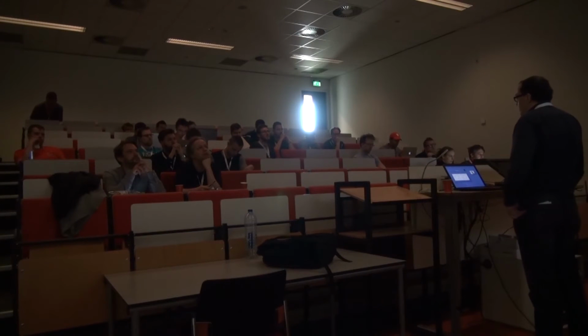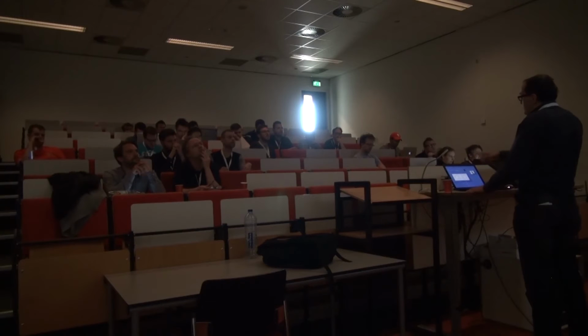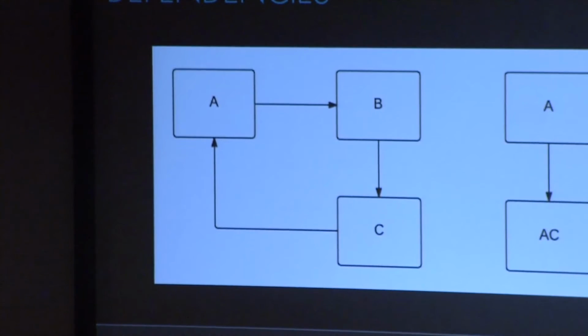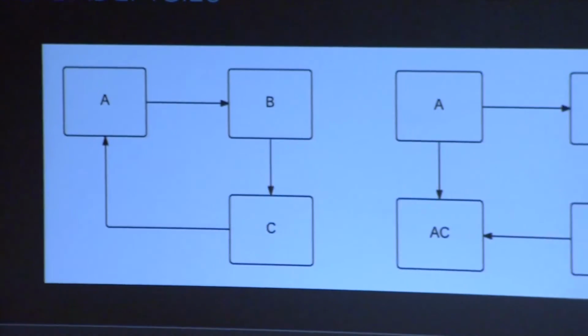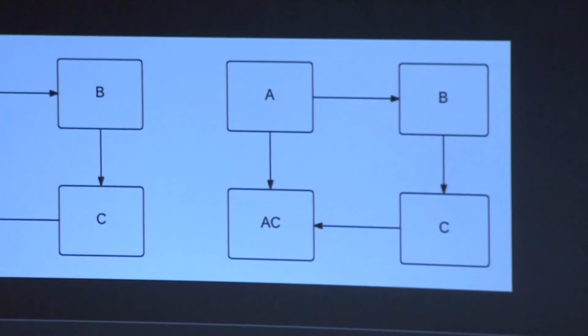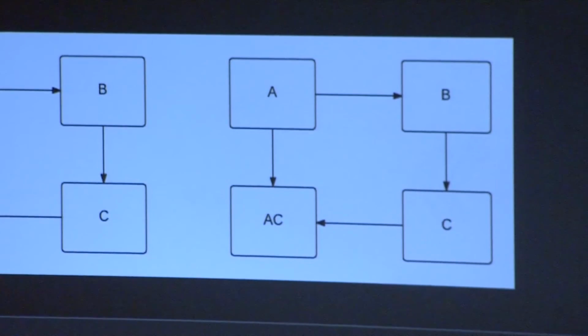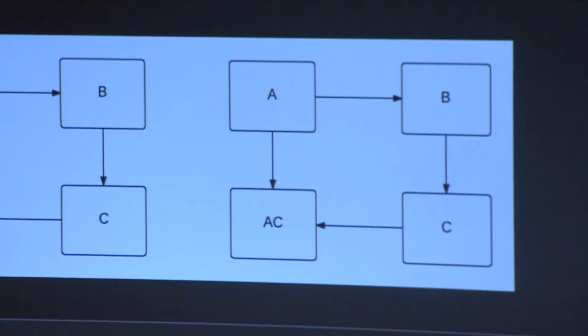Here on the left-hand side, you have a cyclic dependency, and on the right side, you have the resolution of this, which means C, which is dependent on A, the parts where C is using A are moved to another class AC, and C is now only using AC, and also the parts of A which were used by C are also moved to AC.